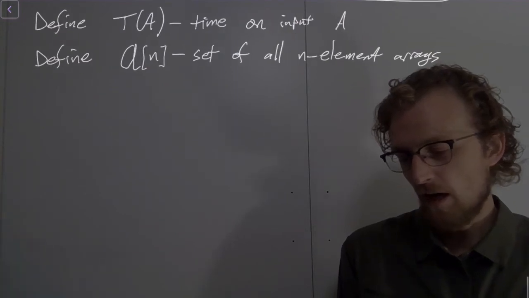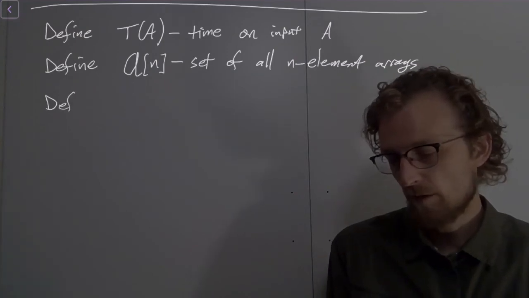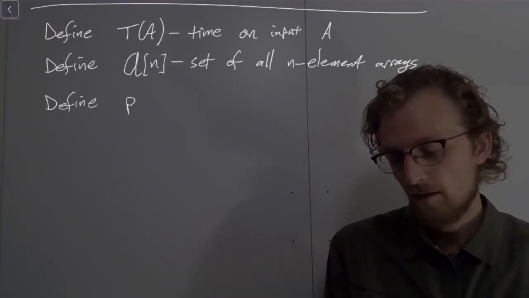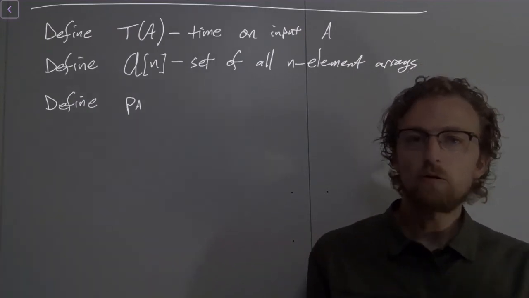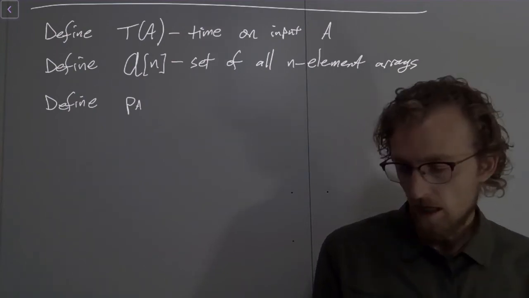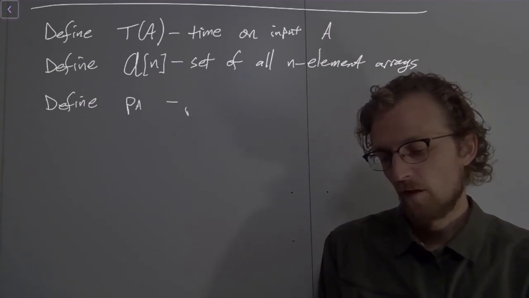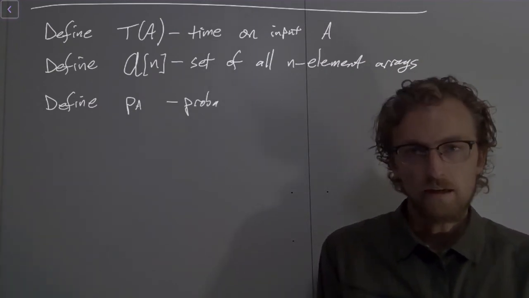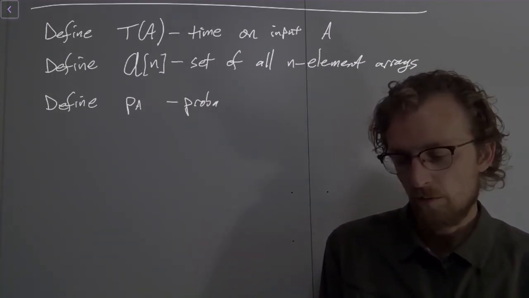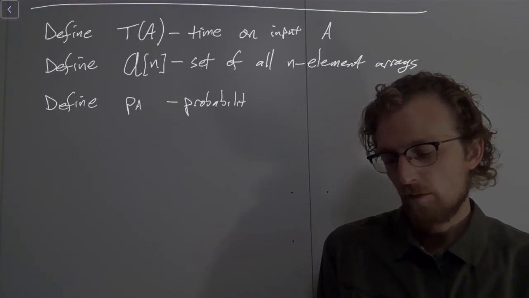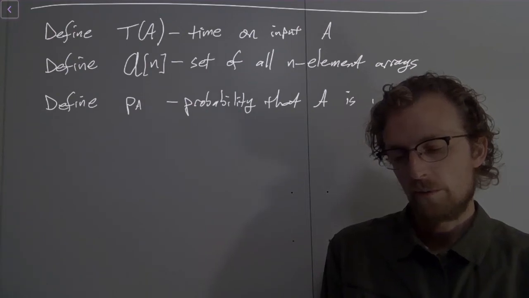So one more definition, and then I can actually formally define what average case means. I'm going to define P_A as the probability that if I draw an array at random from the set of all arrays, it is A. So this is the probability that array A, as the subscript there, is our algorithm's input.